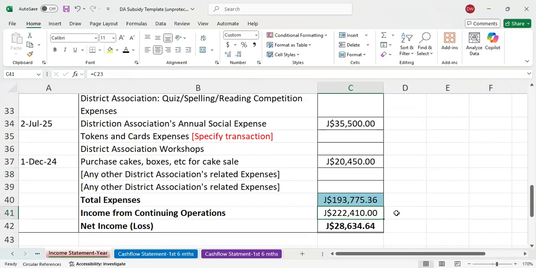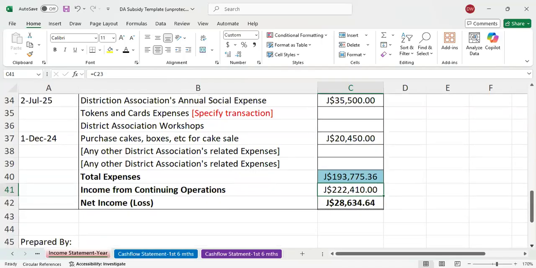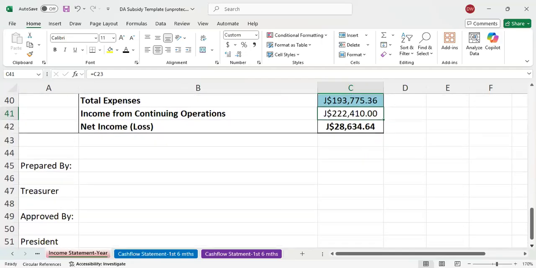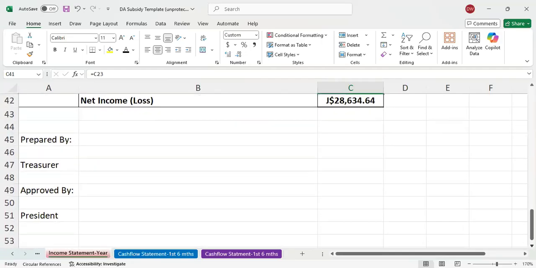This would have been your total income, and therefore your net income at the end of the period would reflect $28,634.64. Bearing in mind that the treasurer will have to sign on it, and after being checked by the president of the district or the parish, it has to be signed as well.